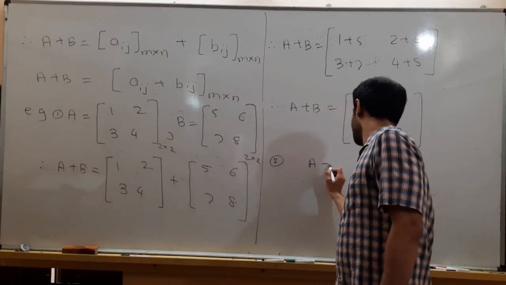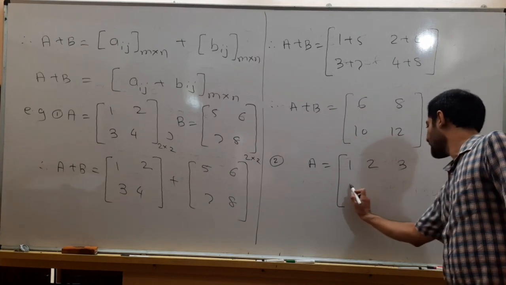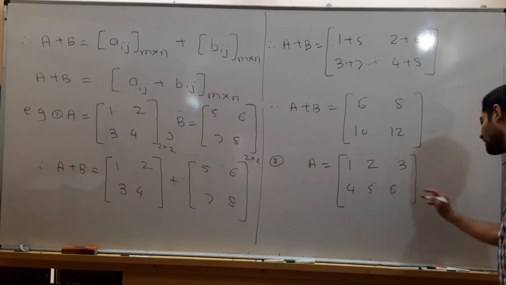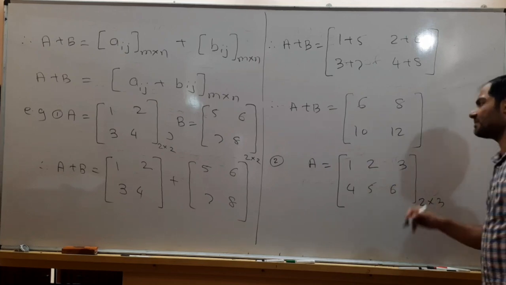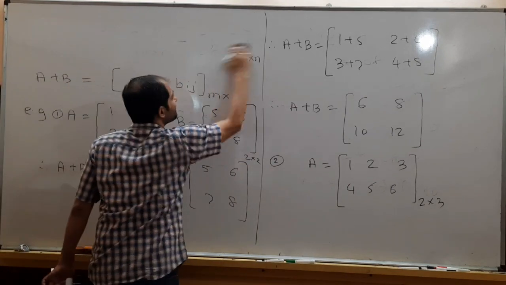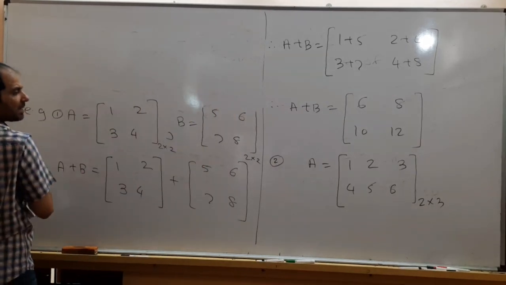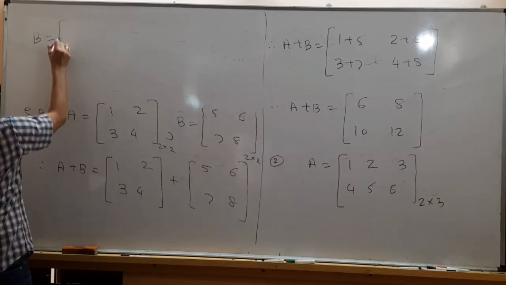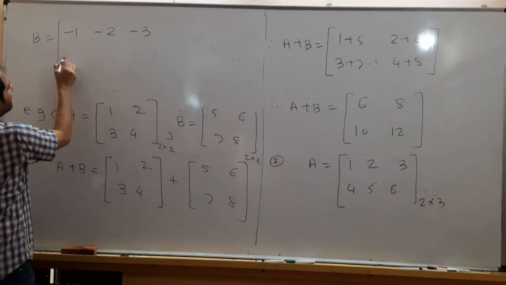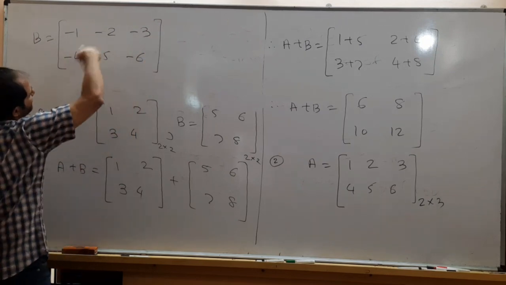Okay, A is 1, 2, 3, 4, 5, 6. This is 2 rows, 3 columns. A is 2 cross 3, and B I will take as -1, -2, -3, -4, -5, -6. 2 rows, 3 columns.